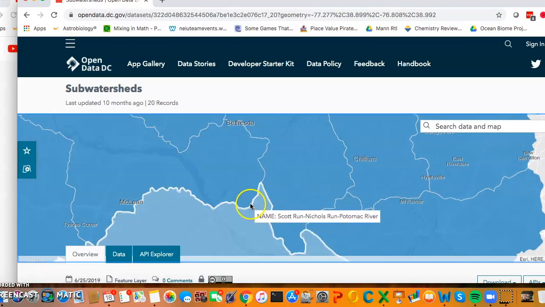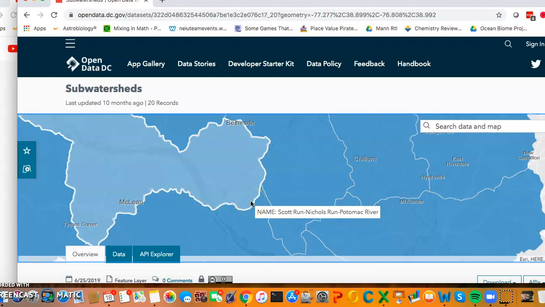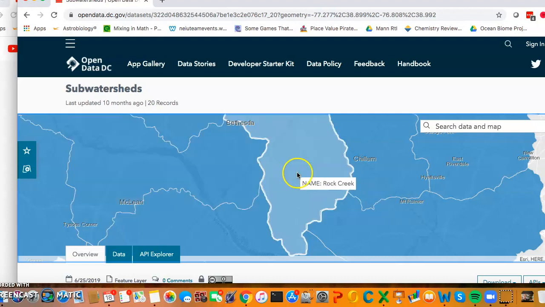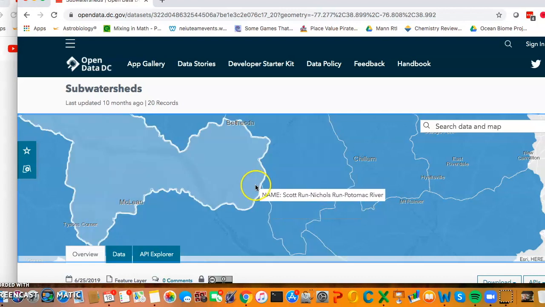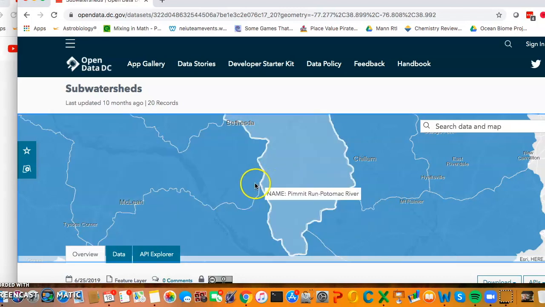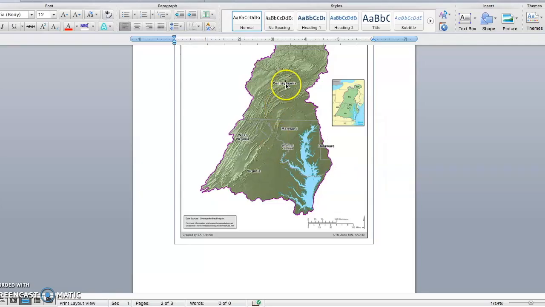So watersheds are areas where the water will all flow to the same end point. However, we can look at them as being smaller or larger. Both my house and Horace Mann are in the Potomac River and the Chesapeake Bay watershed. So we have the same watersheds, but when we get closer and closer and closer, we might end up with different sub-watersheds.